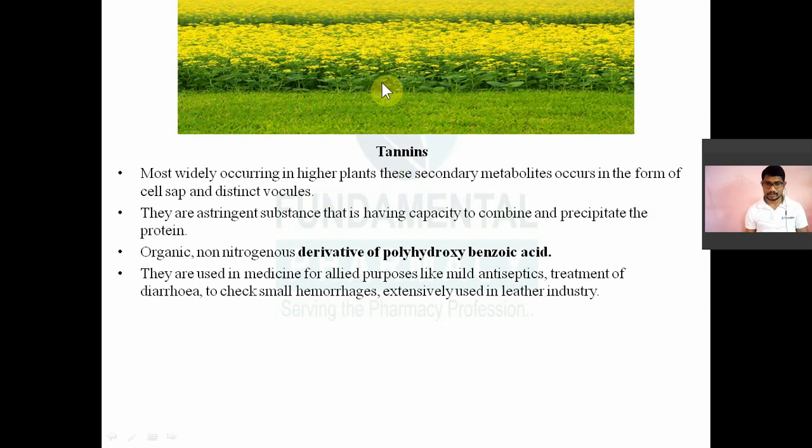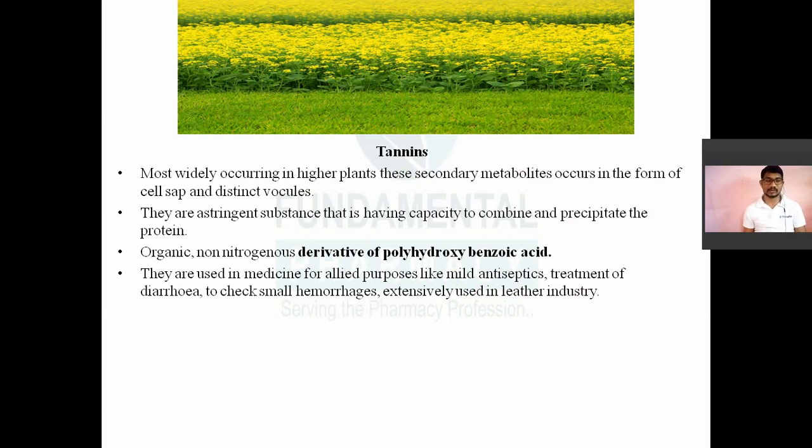They are used in medicine for different purposes. They act as a mild antiseptic due to their protein precipitation property. They are also used in the treatment of diarrhea, as they cause constipation.